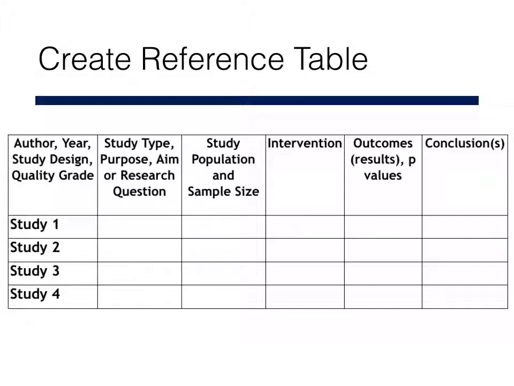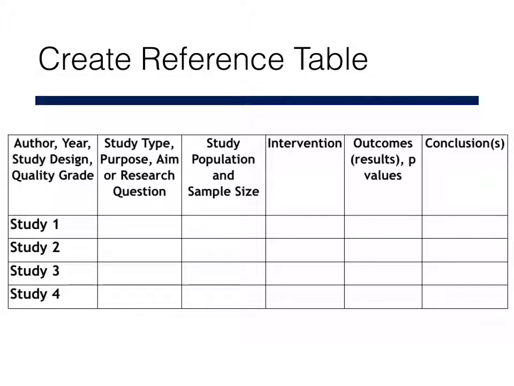The first column or grouping of information should include your citation, as well as the study design, and this would be a quick overview of how the study was conducted, and may also assign a quality grade. We're going to be talking about quality grades and the process to do that a bit later in the semester, so we'll come back to that piece of information.